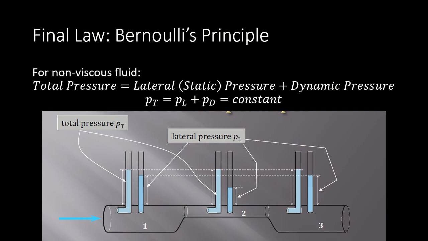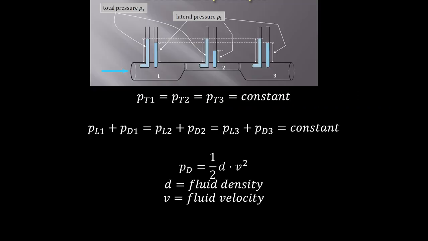And that is just what the Bernoulli principle is. So, for example, if we look at this sample problem, in vessel 1 or region 1 of our vessels, our total pressure 1 must equal the total pressure in region 2, which must equal the total pressure in region 3. That must always be some constant.